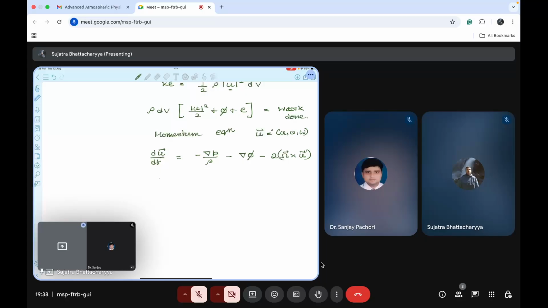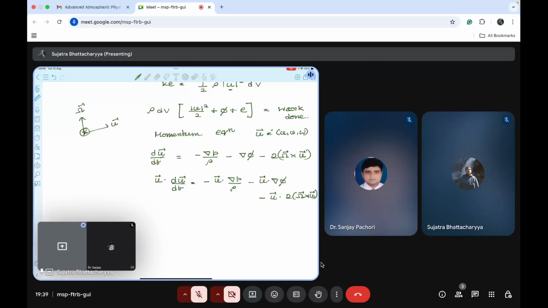What I do is dot with u. So u dot du dt. So what will it be? Minus u dot grad p by rho, minus u dot grad phi, minus u dot 2 omega cross u. Now just see this. This is omega. This is u. Okay. So omega cross u will be something perpendicular to the board or towards the board.